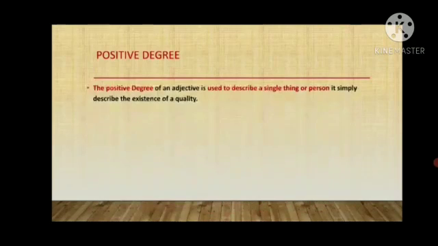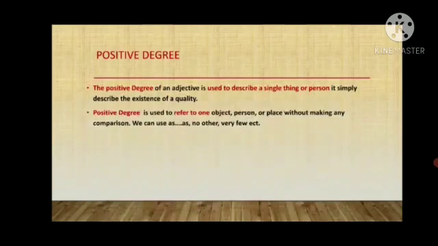The positive degree of an adjective is used to describe a single thing or person. It simply describes the existence of a quality. Positive degree is used to refer to one object, person, place without making any comparison.